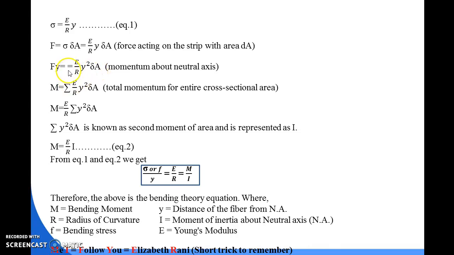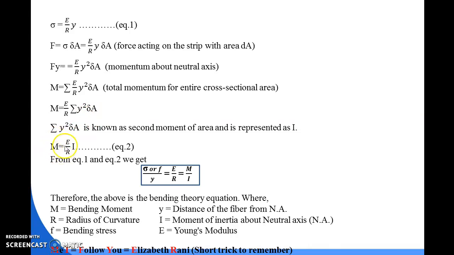Hence, for the entire section of the area, M equal to E by R summation of y square delta A. Summation y square delta A is equal to the I value, that is the second moment of area, which is represented as capital I. Hence we can put capital I in its place.